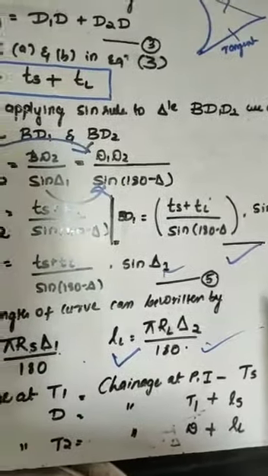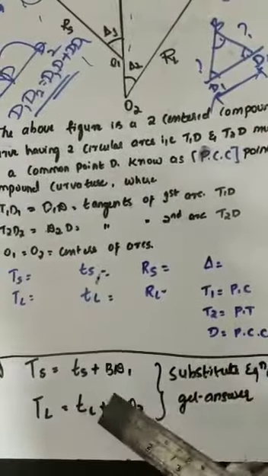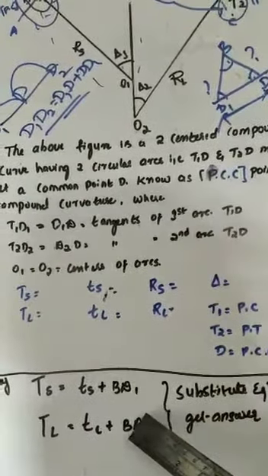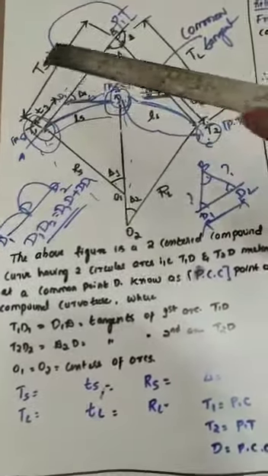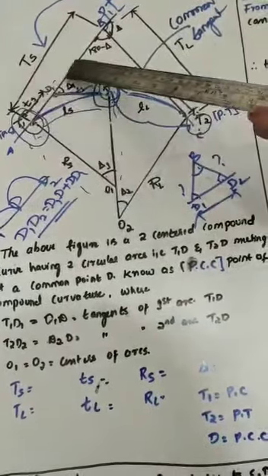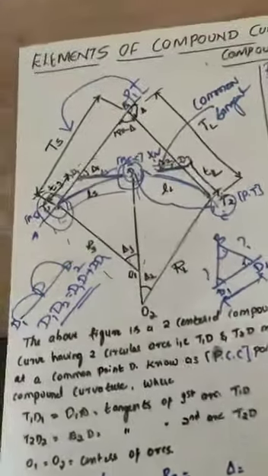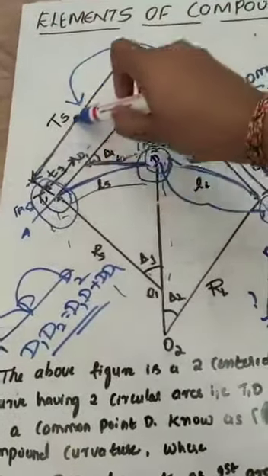These are the formulas. In a similar way we need to find out the formulas for capital TS and TL. Capital TS, according to the geometry, is nothing but small ts plus BD1. See, for example, this is the entire line.